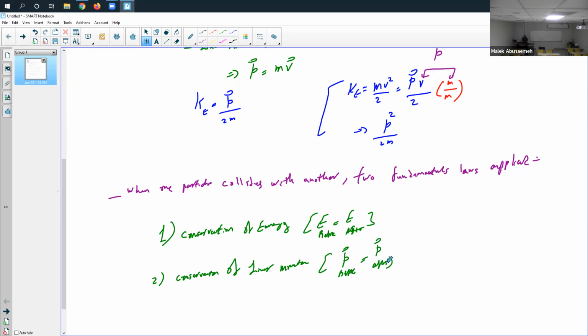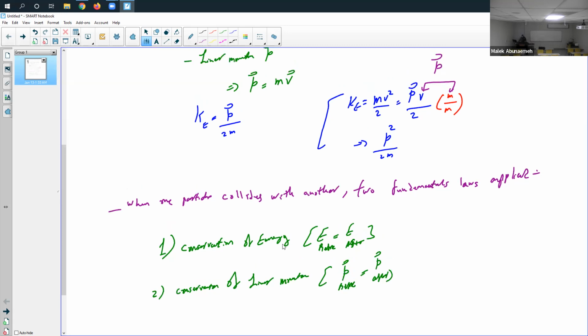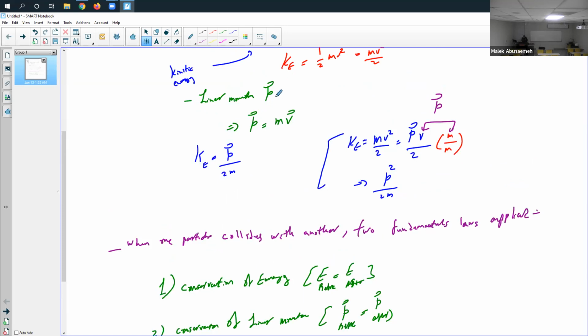Now notice for momentum, by the way, let me go ahead and write this down. For momentum, I use the letter rho, just to distinguish between F and P for pressure. So usually you want to go in a line, have it open on top. That's your linear momentum.